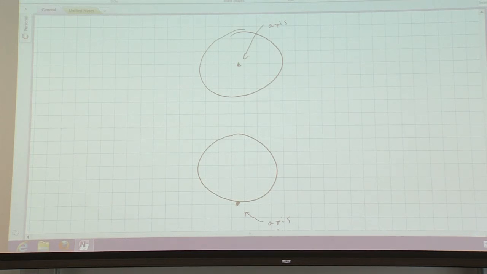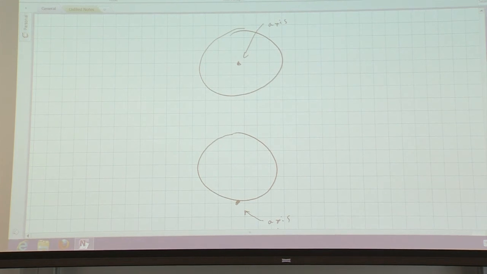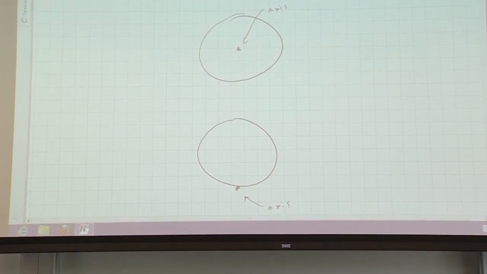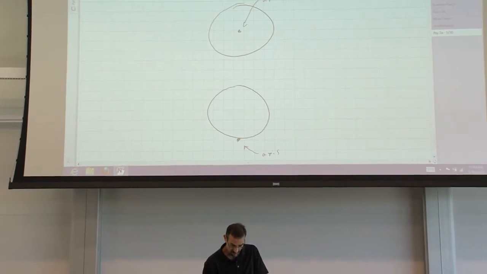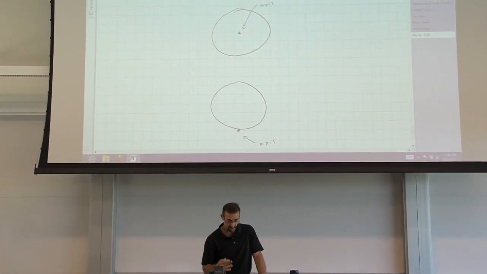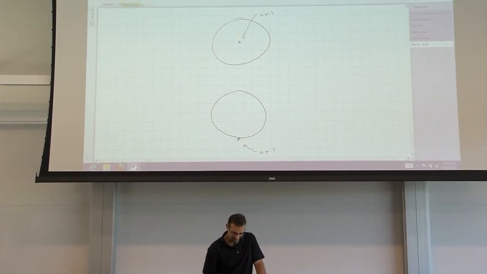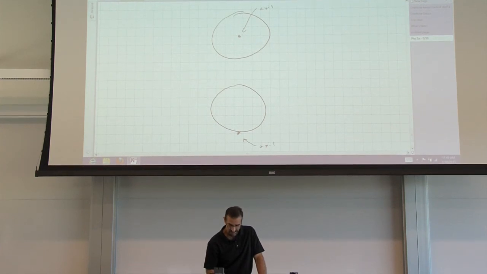Even if you're good at integrating, that one is not easy. There's no good symmetry there for setting up an integral like that. So this becomes much more difficult. But if you know your parallel axis theorem, you can do the first case and then use the parallel axis theorem to find I for the second case, and you're all set. Okay? Very powerful technique for dealing with rotational inertias.